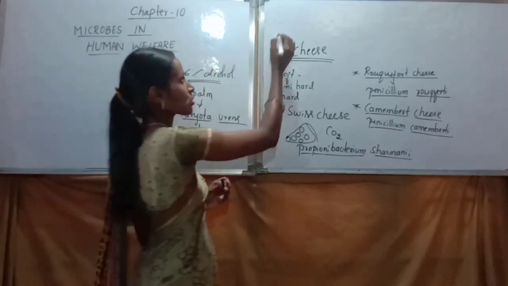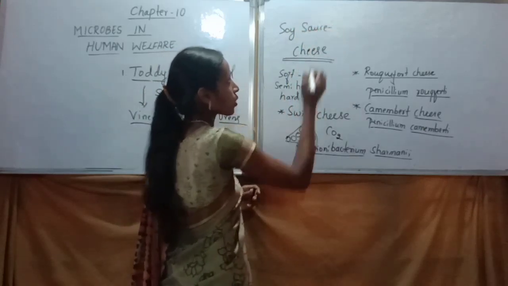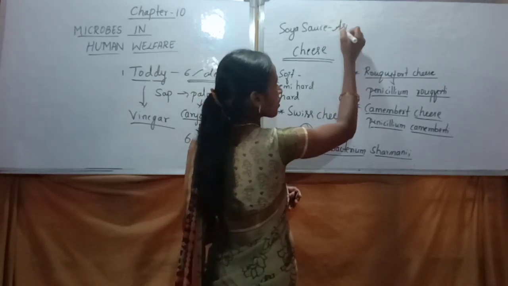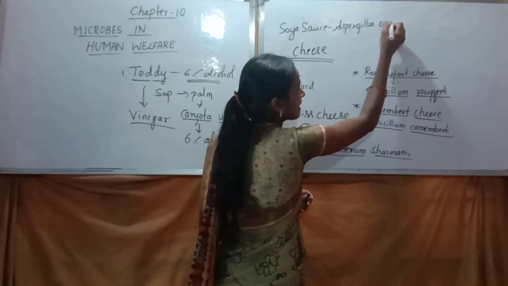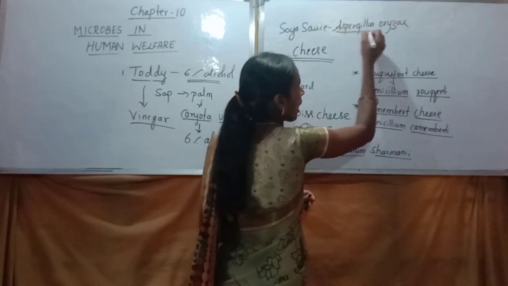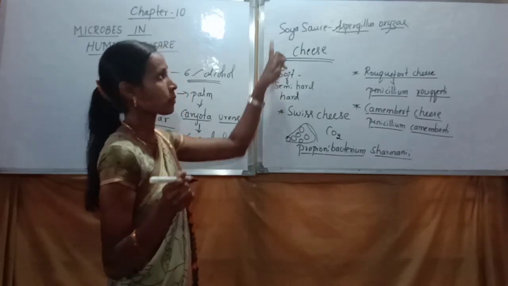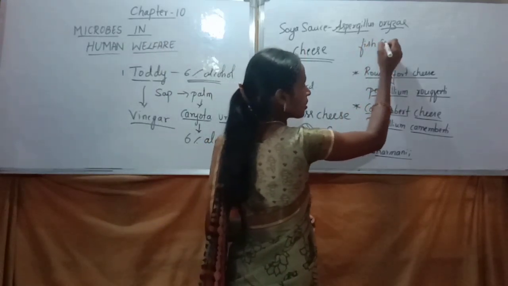You may have heard about the soya sauce, different types of sauces. In the preparation of soya sauce, the main microbe involved is Aspergillus oryzae. And another one, fish sauce.